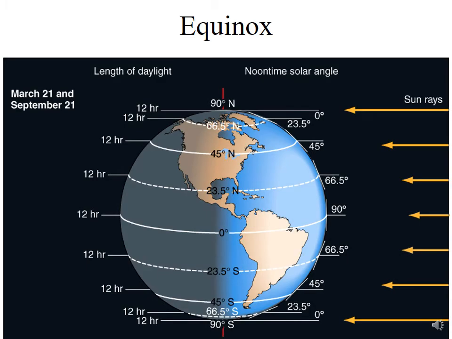For the equinox time period, when half of the planet between the North Pole and the South Pole is evenly illuminated, you essentially have a day length of 12 hours everywhere from high northern latitudes to high southern latitudes.